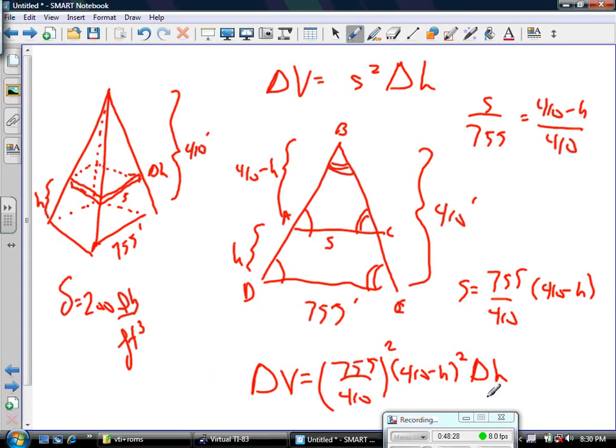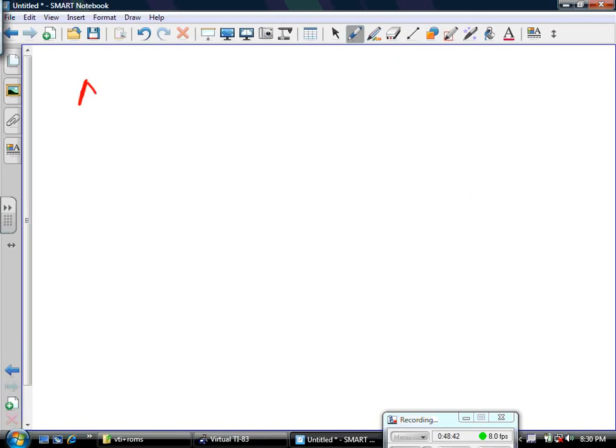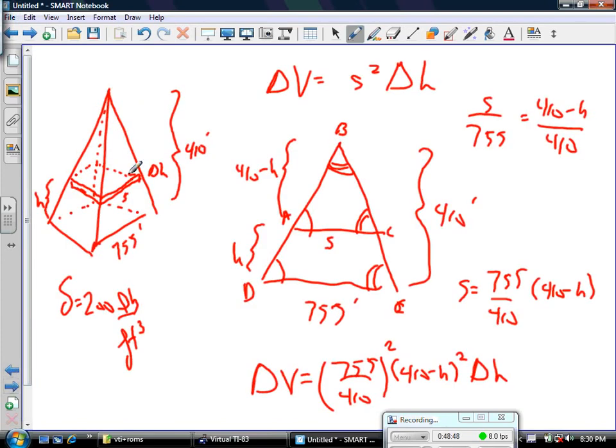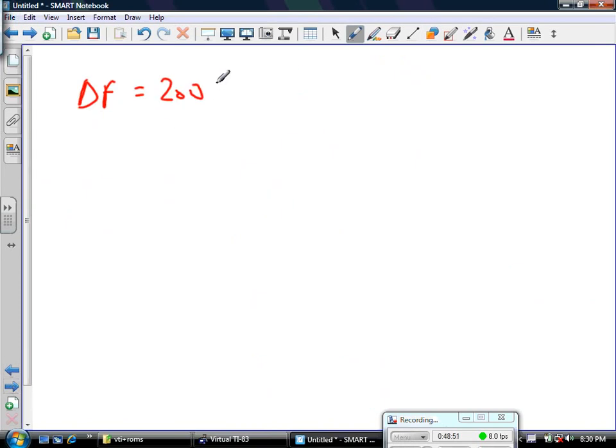Simply take this and multiply by what to get force in pounds? By 200, that's it. All right, so delta F is just simply 200 times what we had: 755 over 410 squared times 410 minus h squared, delta H.